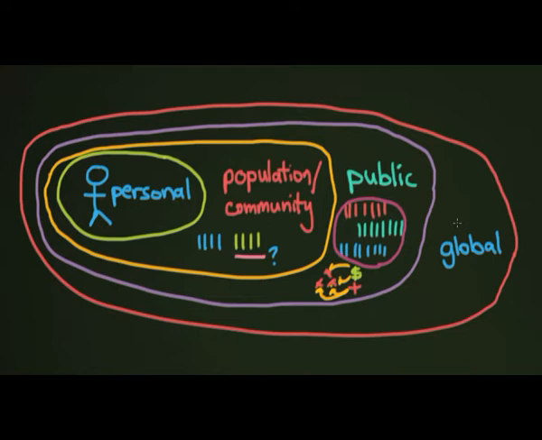And global health takes a look at everything, all the way down to the personal level. It also looks at community and public health. And actually, global health is in many ways like public health, but on a much bigger scale. Public health is often a country. Global health is for the whole world.